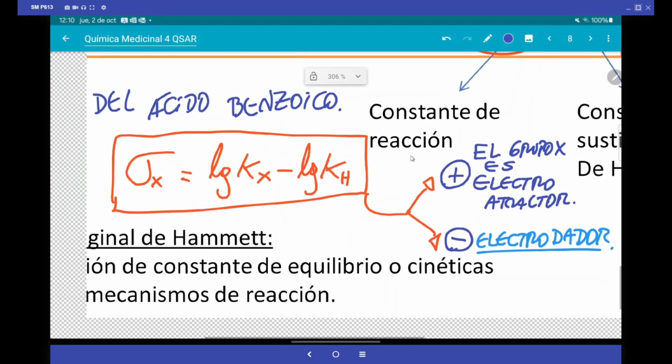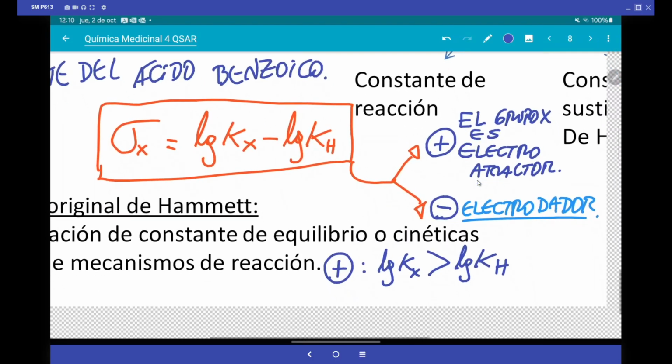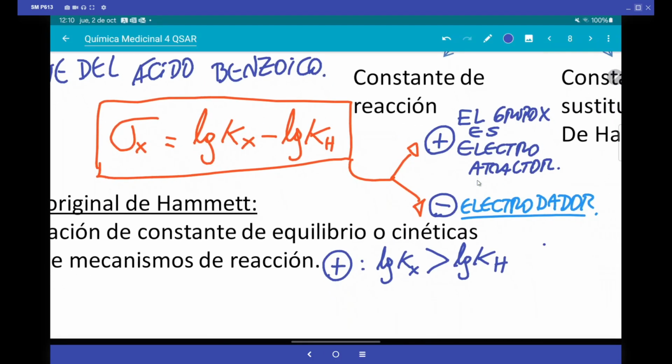For example, if the subtraction is positive, it means that log kX is greater than log kH. That could be, for example, the effect of a nitro group.